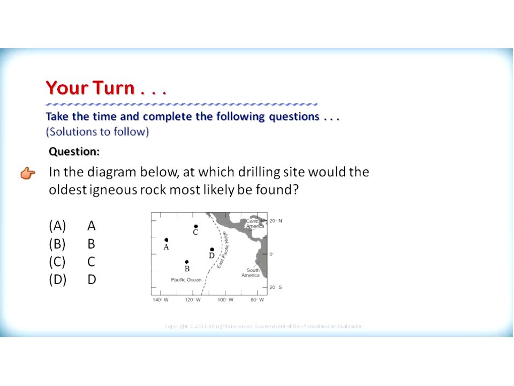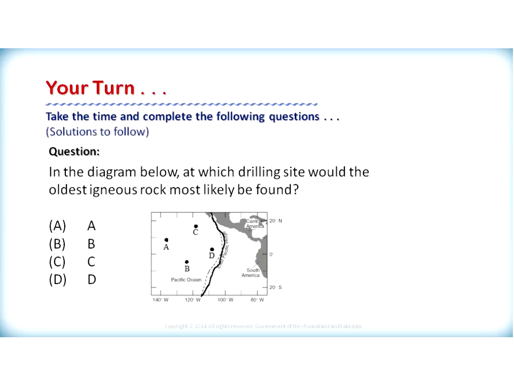Question reads, in the diagram below, at which drilling site will the oldest igneous rocks most likely be found? So if we look at the diagram to the right, we notice that we have an oceanic ridge that exists. That's called the East Pacific Rise, or the East Pacific Ridge, as stated here.